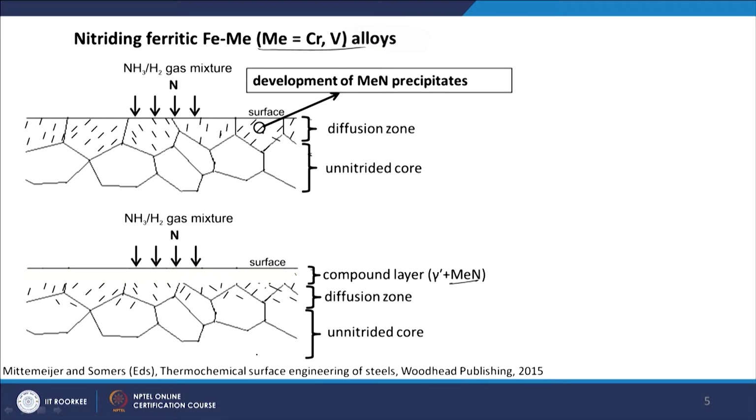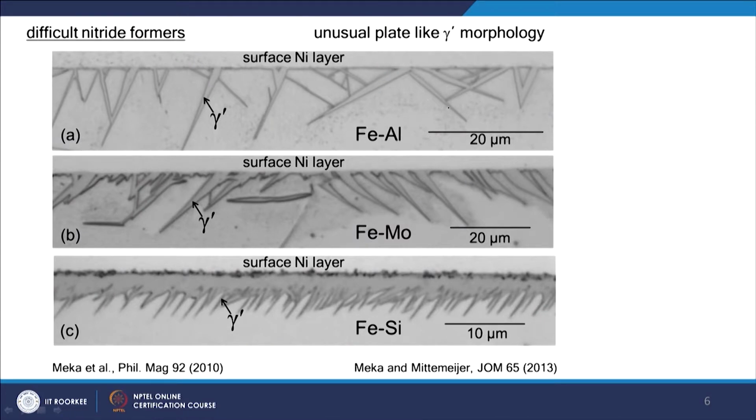Now, let us look at another class of alloys, elements which are difficult nitride formers. Something very interesting one can see. What is shown in this slide are again light optical micrographs, for a nitrided iron aluminum alloy, iron molybdenum alloy and iron silicon alloy.